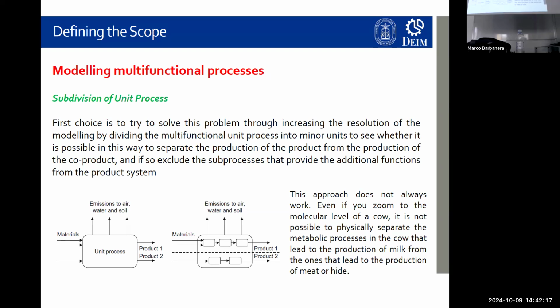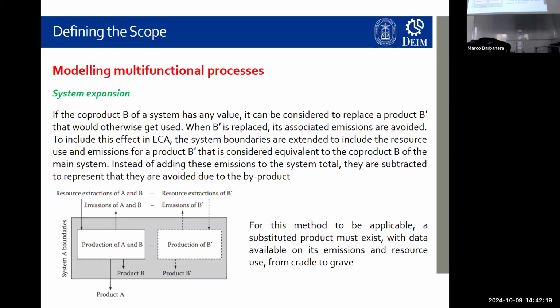So in these cases, the other option, according to the ISO standard, is to apply the system expansion approach, for which we have to identify another product in the market that can be substituted by our byproduct.